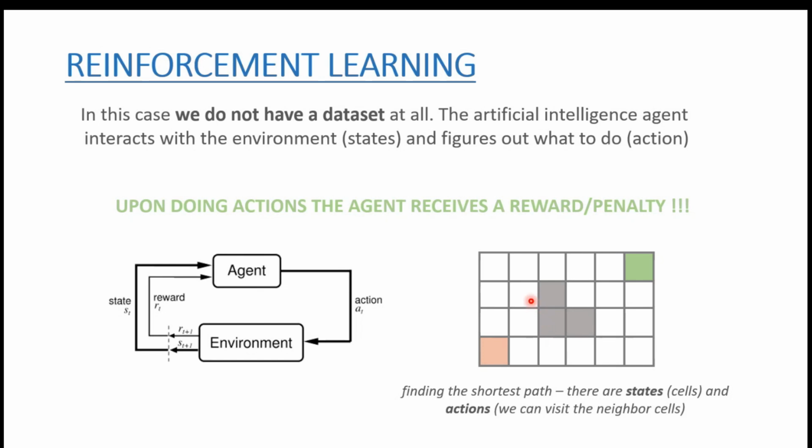And when he moves upwards, he will not get any penalty. He will move one by one, and when he reaches the end point, the green one, he will get a reward. So when he moves from one cell to another cell, he may get a reward or he may get a penalty. When he gets a penalty, he will not move into that place again. He means the agent, okay?